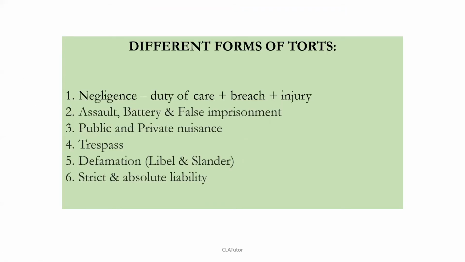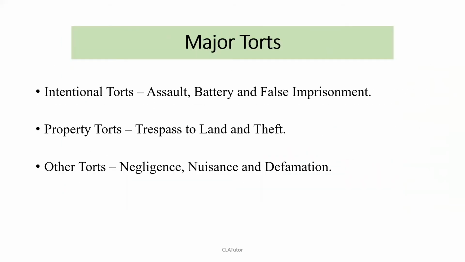In order to quickly go over the different forms of torts, there is negligence, assault, battery, and false imprisonment, public and private nuisance, trespass, defamation, and strict and absolute liability. Now, all of these torts can be categorized into three different categories.